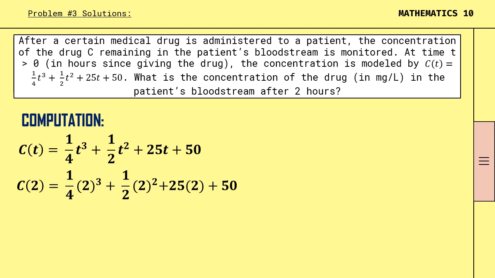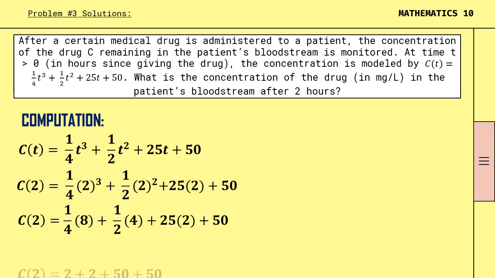Now we're going to have C of 2 is equal to 1/4 times 2 cubed plus 1/2 times 2 squared plus 25 times 2 plus 50. So with this, simplifying the exponential terms first, 2 raised to 3, that's 8. 2 raised to 2, that's 4.